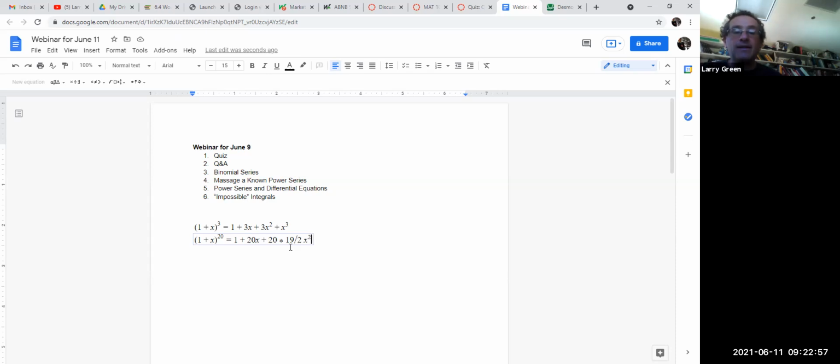And then plus, and then it's going to be 20 choose 3. And 20 choose 3 is 20 times 19 times 18 divided by 3 factorial, x cubed.